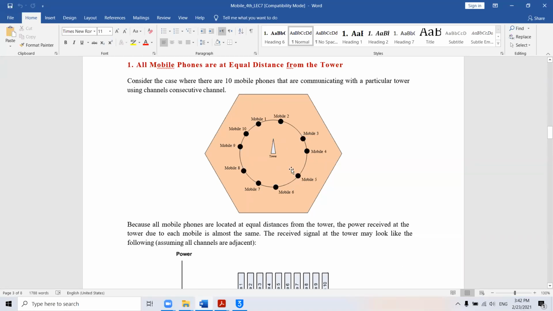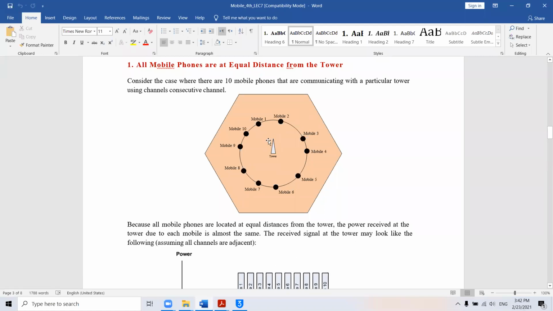Consider the case where there are 10 mobile phones communicating with a particular tower using consecutive channels. In this scenario, all mobiles are at the same distance from the tower.